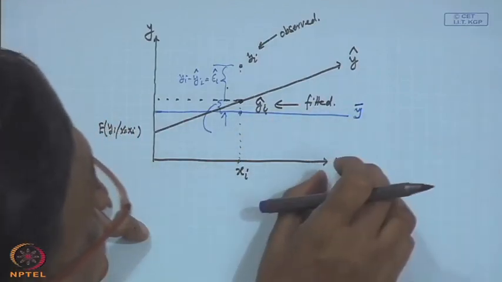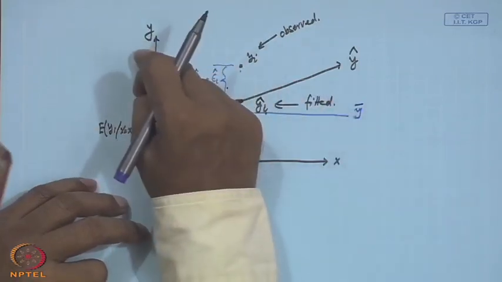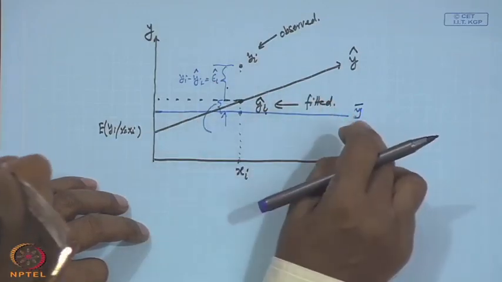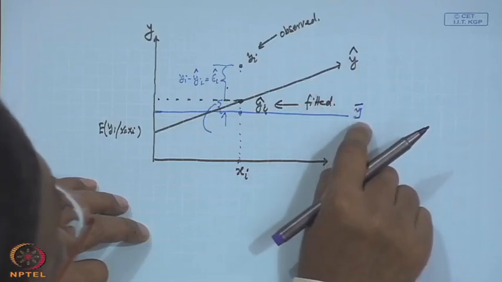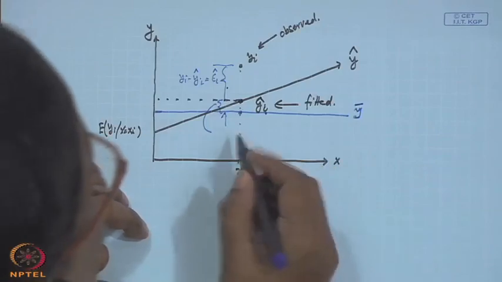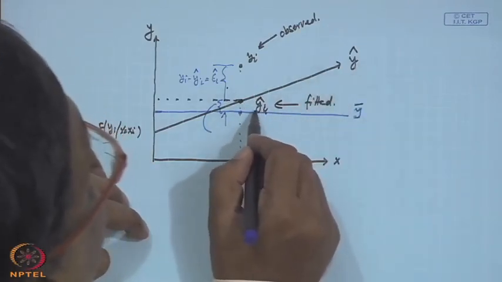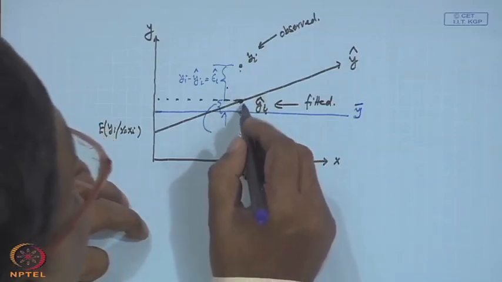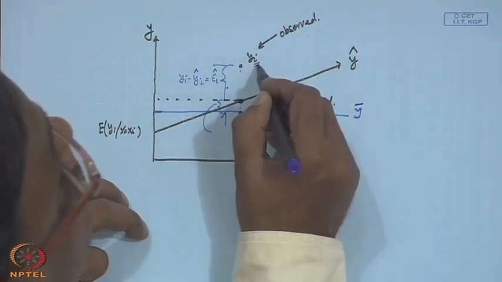If you have no information about x, that means you have only information about y, then the best fit value is y bar. Suppose you want to say what the next value will be, you will consider y bar. As x is available, you are able to find some fitted or predicted value yi cap, and it is closer to yi, the observed one.